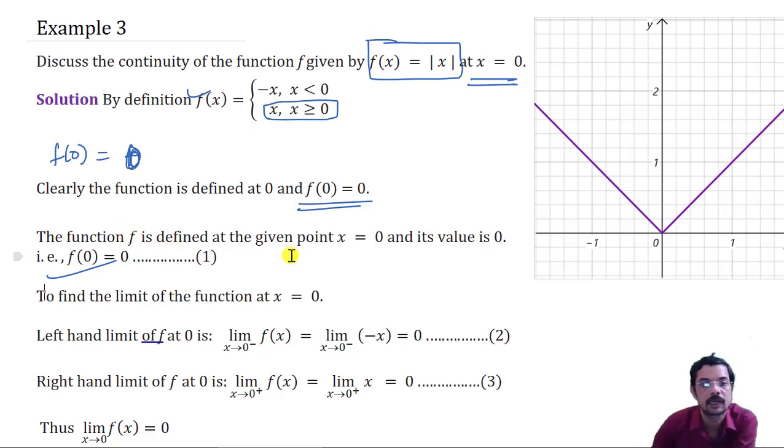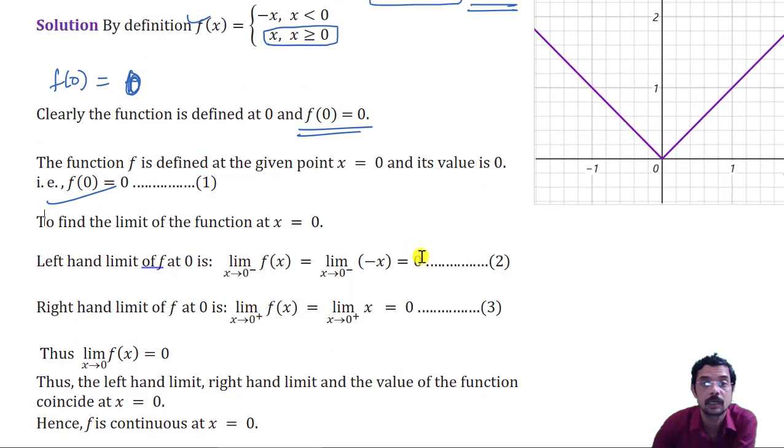Now we shall try to find the limit at x equal to 0. Here clearly the function is broken into two parts, when x is negative and when x is positive, and in between we have 0. So when x approaches 0 from the left, we will find limit x tends to 0 minus of f of x.